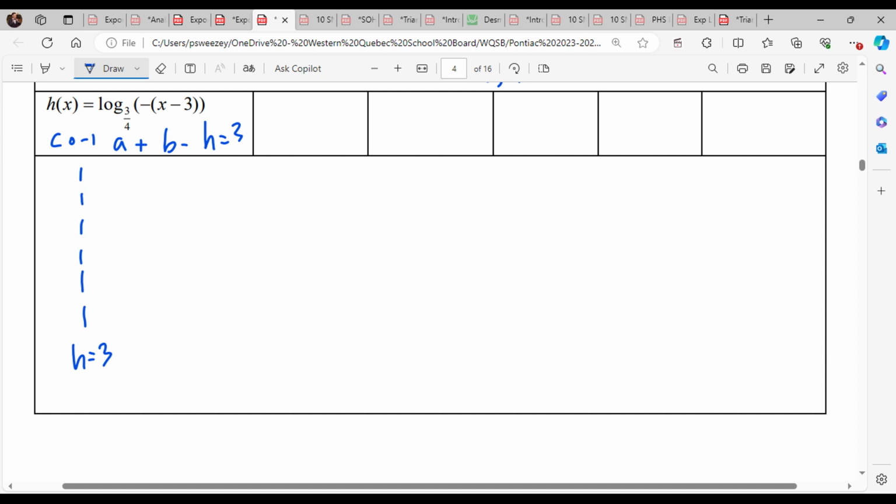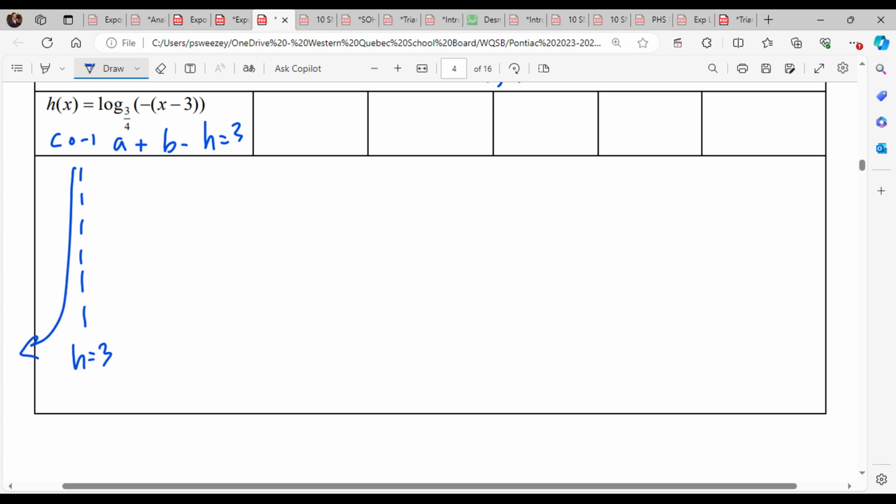But if A is negative, it's going to be switched, right? You've got to look for this. What matters? C is between 0 and 1. So that means the interaction with A is going to flip it, so it's going to go down and to the right. B is negative, so down and to the left.